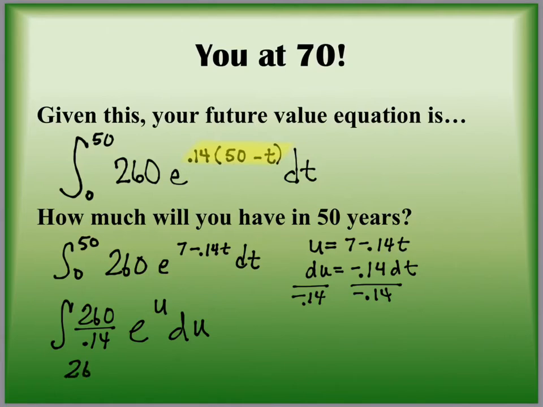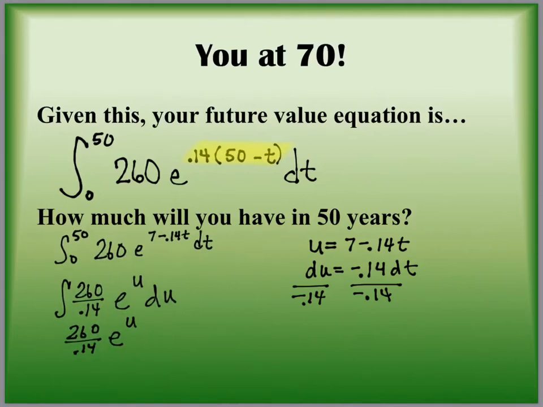So the 260 and the 0.14 stay the same, and the antiderivative of e to the u is e to the u. I don't need the plus c because in a moment I'm going to be evaluating this anyway. Let me shrink this a tiny bit so I have more room to work. I need this to be evaluated where the u value is 7 minus 0.14t, and it's supposed to go from 50 down to 0.